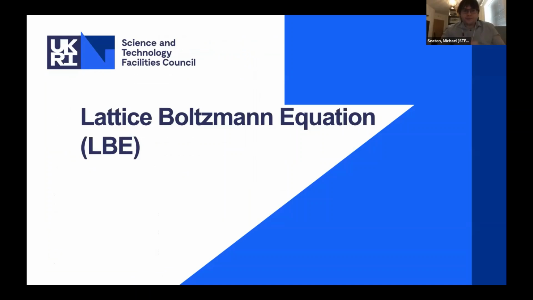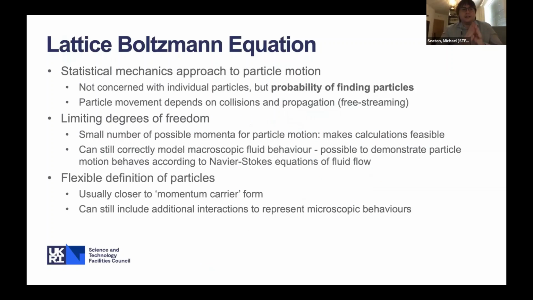Okay, so I realize I'm running out of time, but I'm going to try and go through the Lattice Boltzmann equation. As I mentioned before, this is a fairly different approach to modeling how particles move. Rather than worrying about where a particular particle is at a given point in time, we want to know the probability of finding particles.